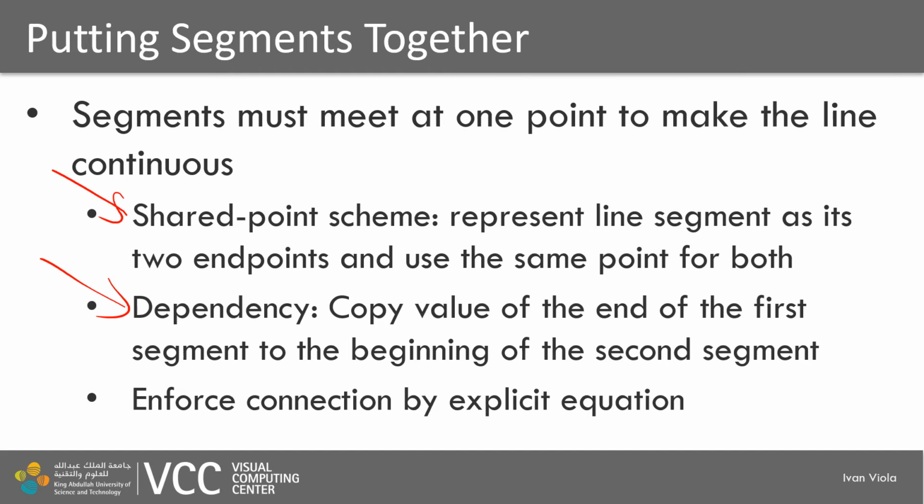So we can understand it as, in the first case, we have explicit definition of points, while in the second case, we will have maybe a point and a vector. So we do not have the point available at the very beginning. We must first compute it. And once we compute it, then we have another vector with which we define our segment, how it continues further after the second point.